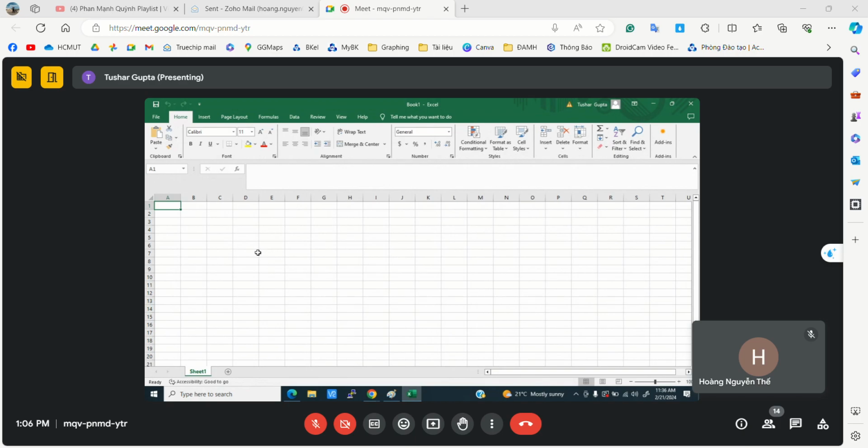Is this sheet visible to you? Yes, visible, sir. So just consider one cell as a clock. This is one clock, this is another clock. That will make for a better understanding.